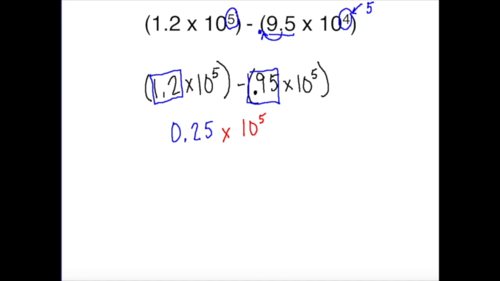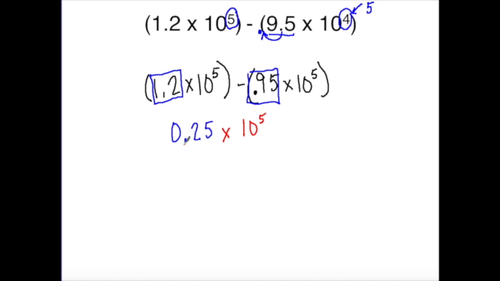Okay, so now let's make sure that this is in scientific notation before we say this is our final answer. Remember that in order for it to be in scientific notation, it has to be the product of a number between 1 and 10 and a power of 10. This number right here, 0.25, is not in scientific notation. So I am going to have to change it to scientific notation by moving the decimal.